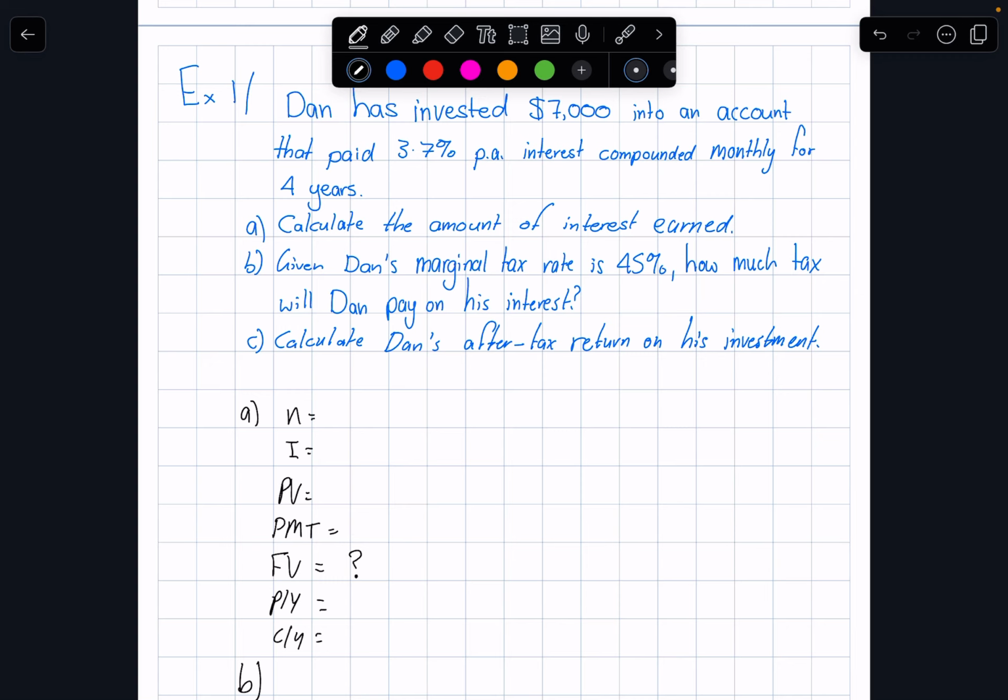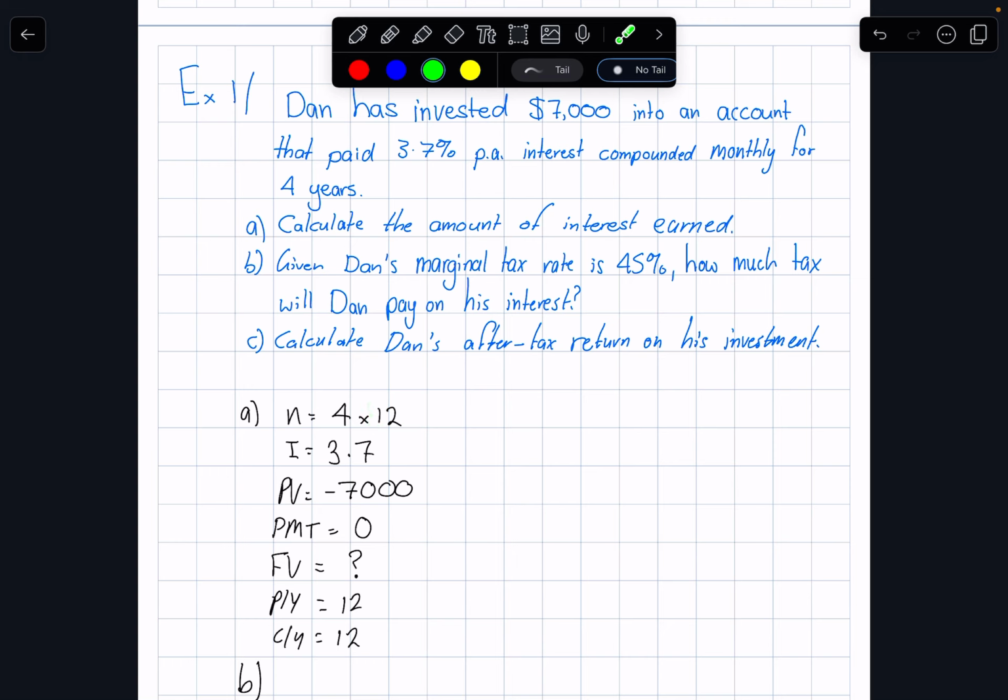We're doing 4 years and monthly, so 4 times 12. The interest rate on the account is 3.7%. He currently has $7,000 in his account. The PMT is going to be 0, we're not putting any more money into that account. And PY and CY are both going to be 12 to match my months up here.